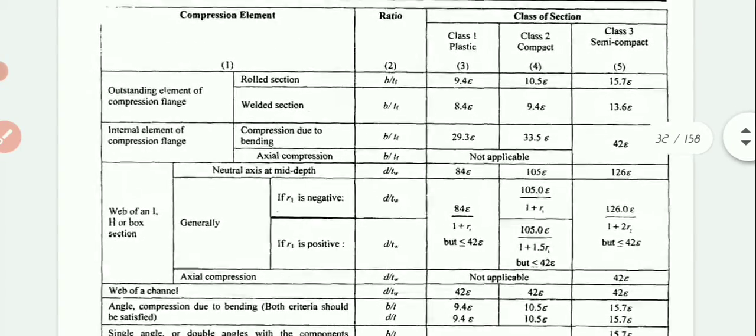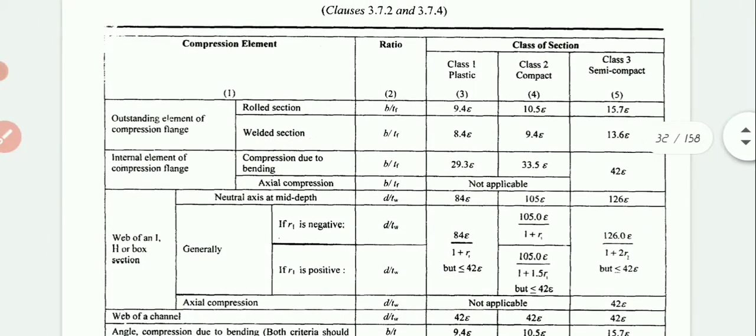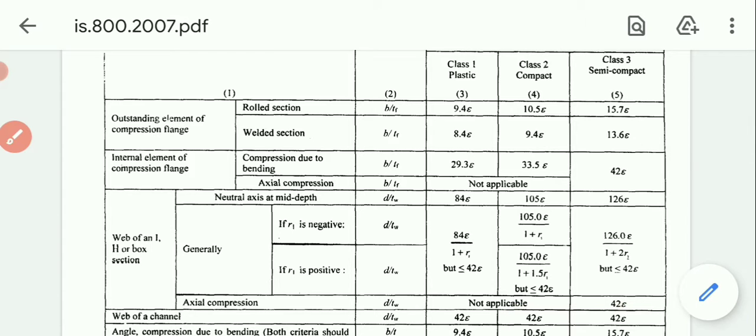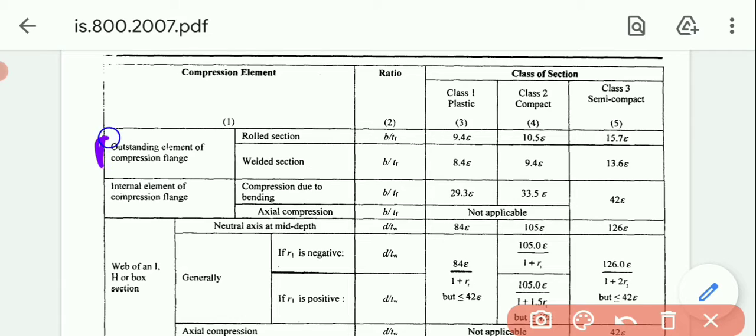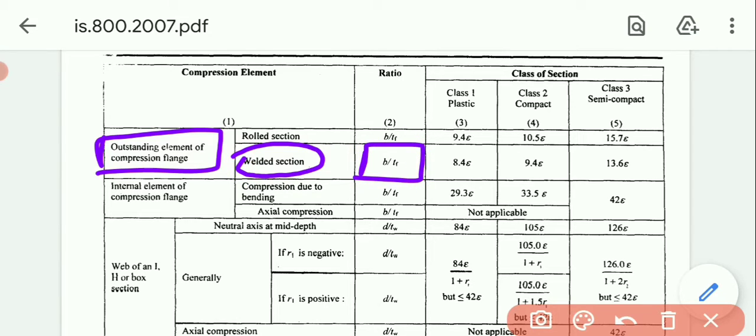So first of all, for compression flange, as we are going to design the built-up section, it's a welded section. For the flange, the condition is if b by tf is less than 8.4 epsilon, then it is plastic, and if it is between 8.4 to 9.4, then it will be a compact section. So that's the criteria for the flange.